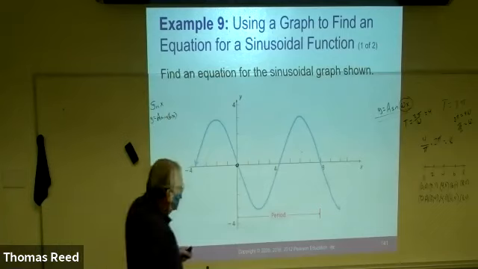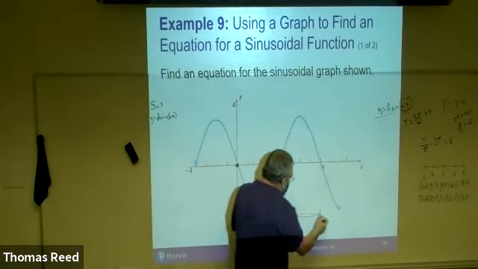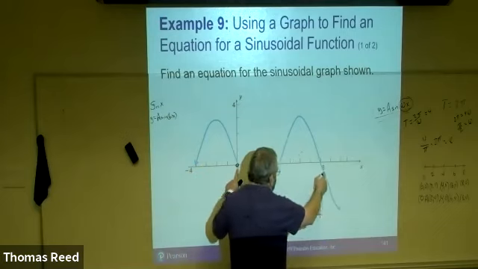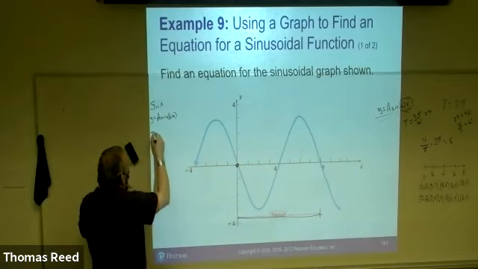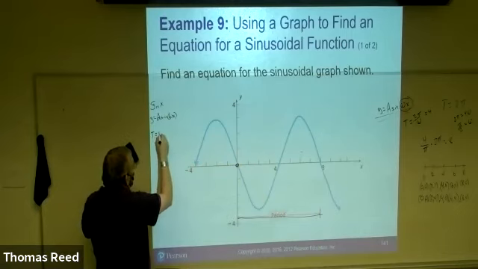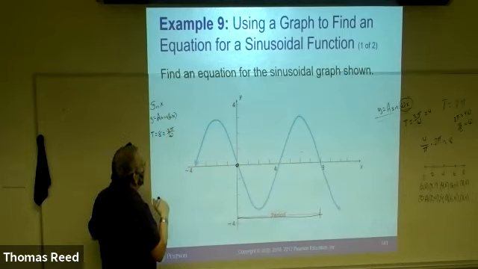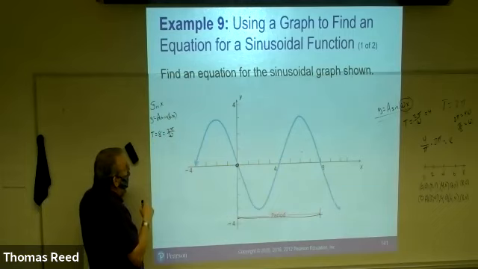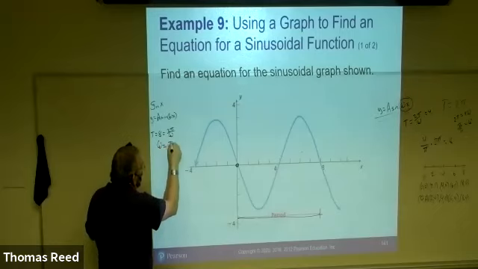Okay. And yeah, I see the same thing they do where the one period here is from 0 to 8. So the period is 8, which is 2 pi over omega. So that means omega is pi fourths.